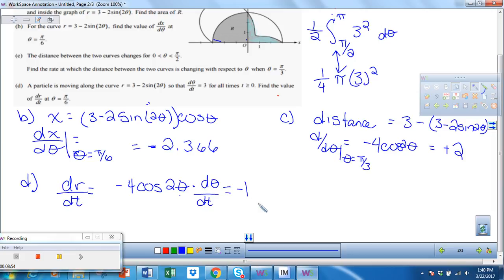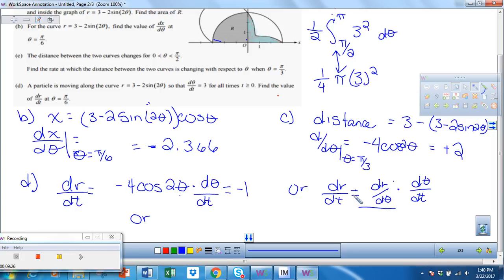Now, Kush, how did you do this one? He did it differently. So basically, I defined dr over dt as dr over d theta times d theta over dt. The dr over d theta times d theta over dt is equal to dr over dt.